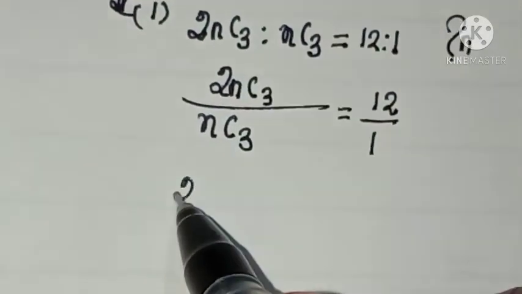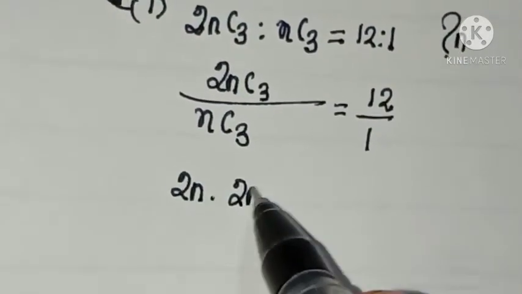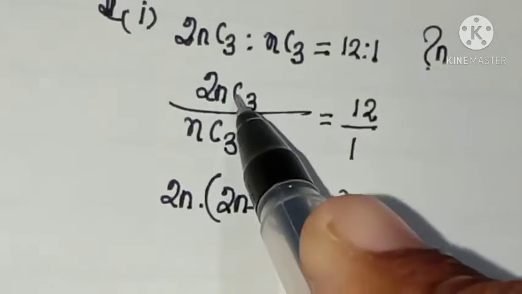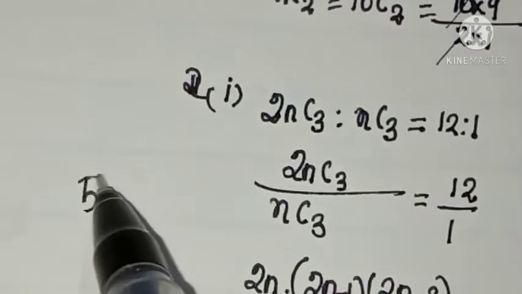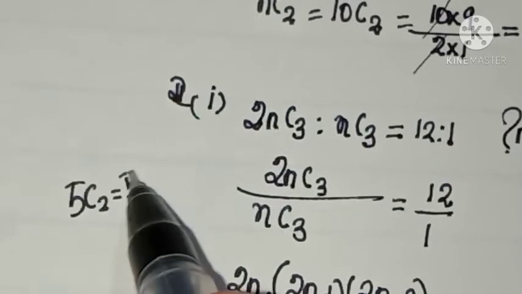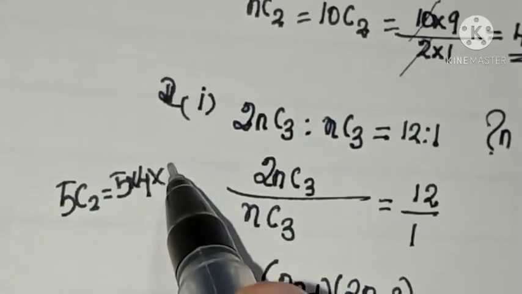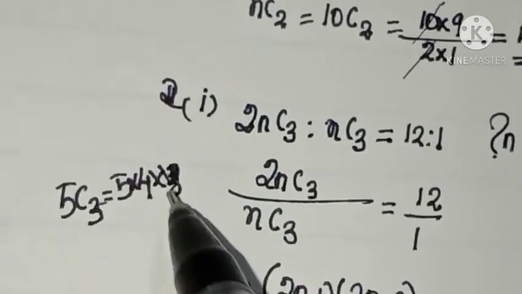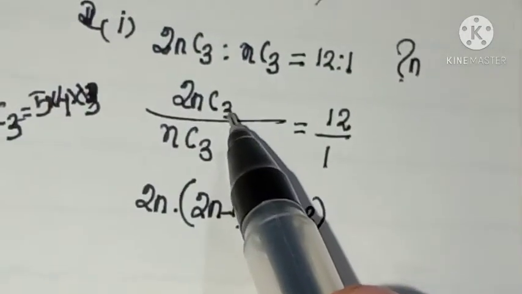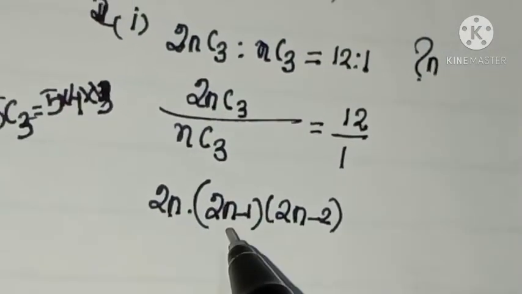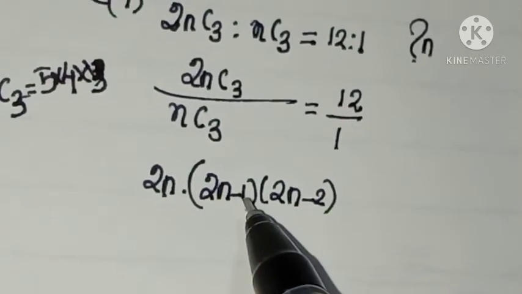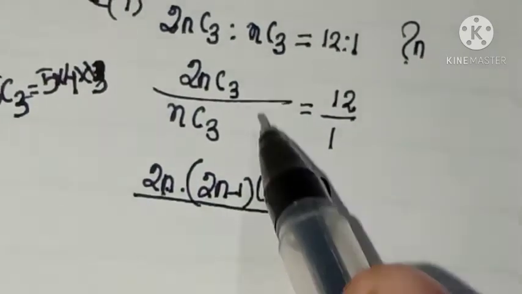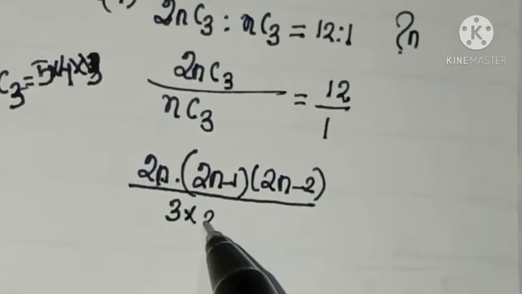2nC3 is 2n into 2n minus 1 into 2n minus 2. What is 5C2? We start with 5, then decrease 1, decrease 1, 2 terms. If it is 5C3, we need to write 3 terms. So the suffix is 3. So starting with 2n, then decreasing 1, 2n minus 1, again decreasing 1, 2n minus 2, so 1, 2, 3 numbers by 3 into 2 into 1.